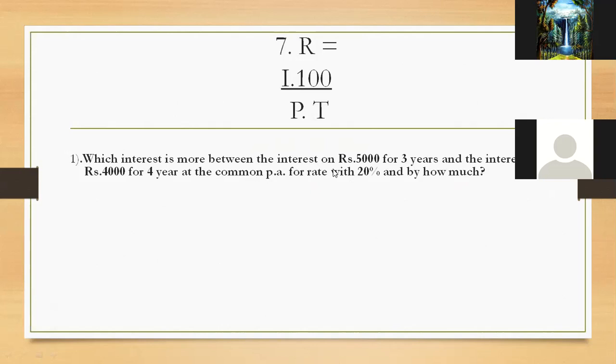We have to find out which interest is more and by how much. In both cases, find out the interest and write which case has more interest and by how much.